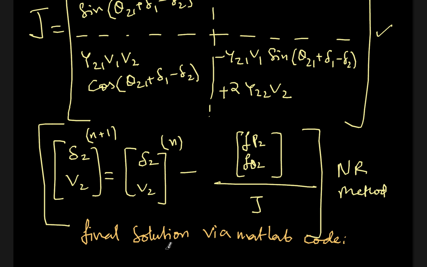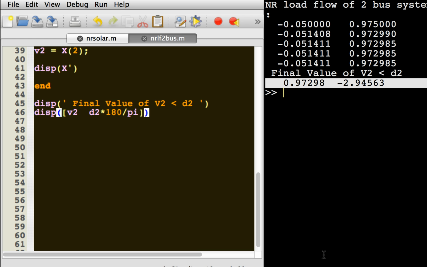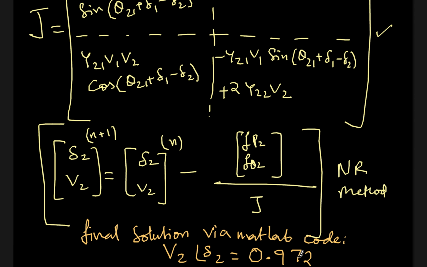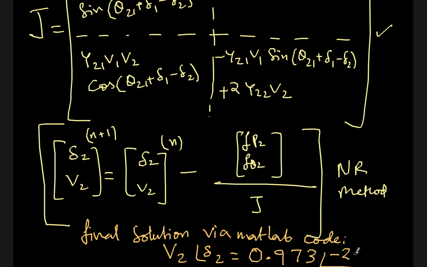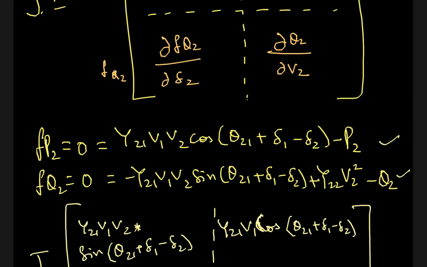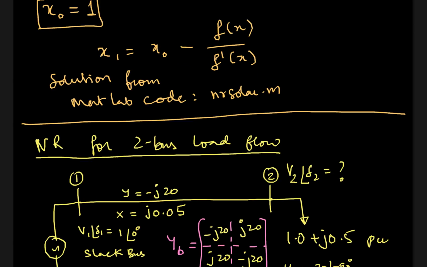So I get V2, delta 2 is equal to 0.972, I'll just approximate to 0.973 at an angle of minus 2.945 degrees. So this is the final solution. If you recall, we had a similar solution using the Gauss-Seidel load flow method also. So with this, I have solved the two-bus system using the Newton-Raphson load flow.